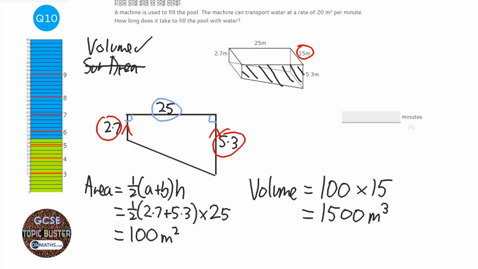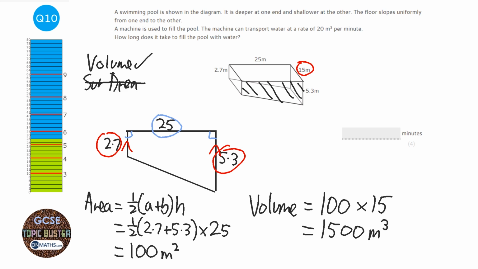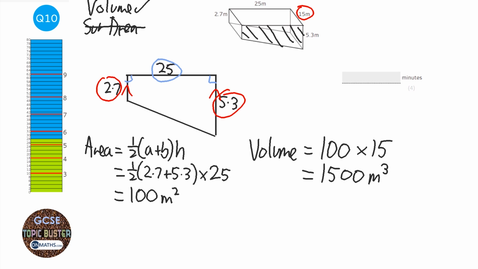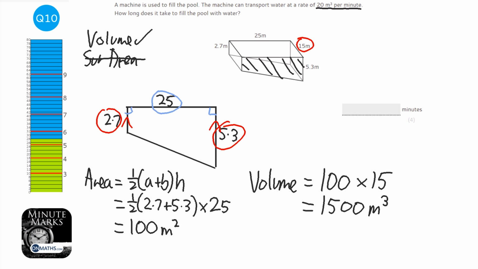So that's what the volume is, and it says the machine transports the water at a rate of 20 meters cubed per minute. So in 1 minute it's going to be 20, in 2 minutes 40. The other way of thinking about this is how many 20s are there in 1500.